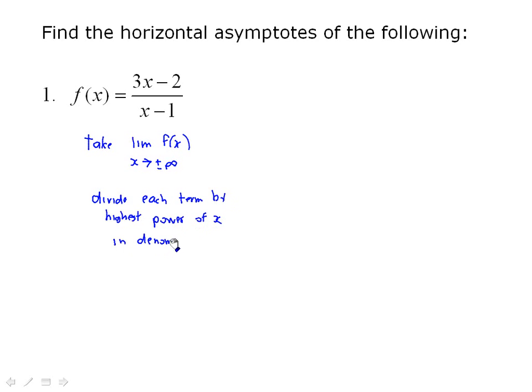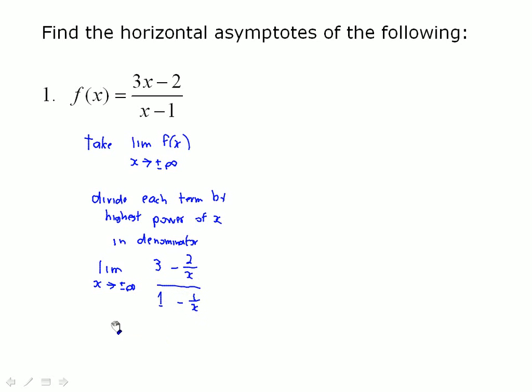If you think back to limits, it doesn't really matter where you do it, but I'll do it in the denominator. So here's my expression: the limit as x approaches plus or minus infinity. We divide the 3x by x, which leaves us with 3, and then 2 divided by x, and then on the denominator, x divided by x is 1, and then minus 1 over x.